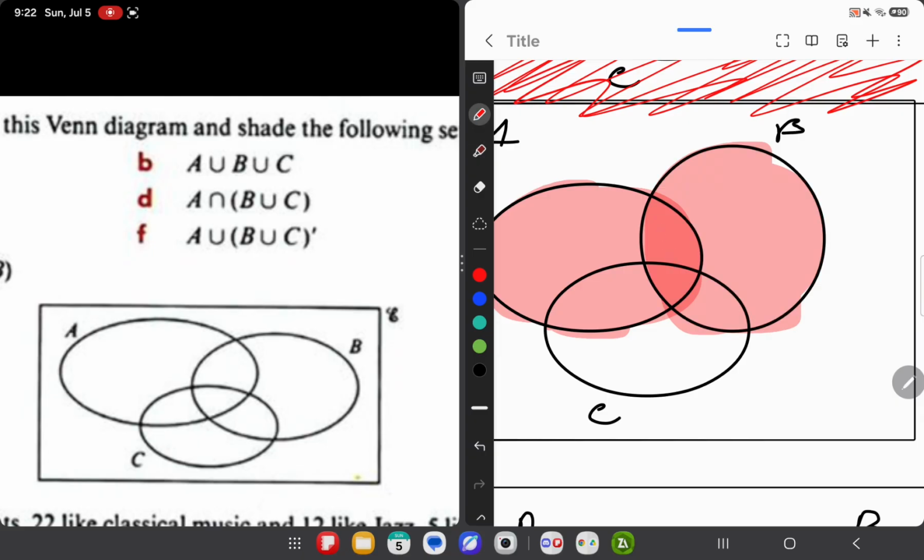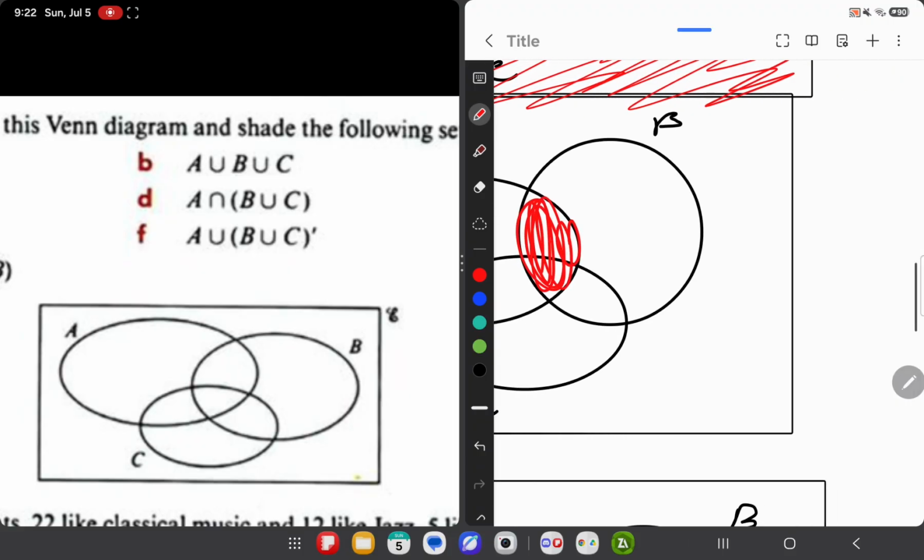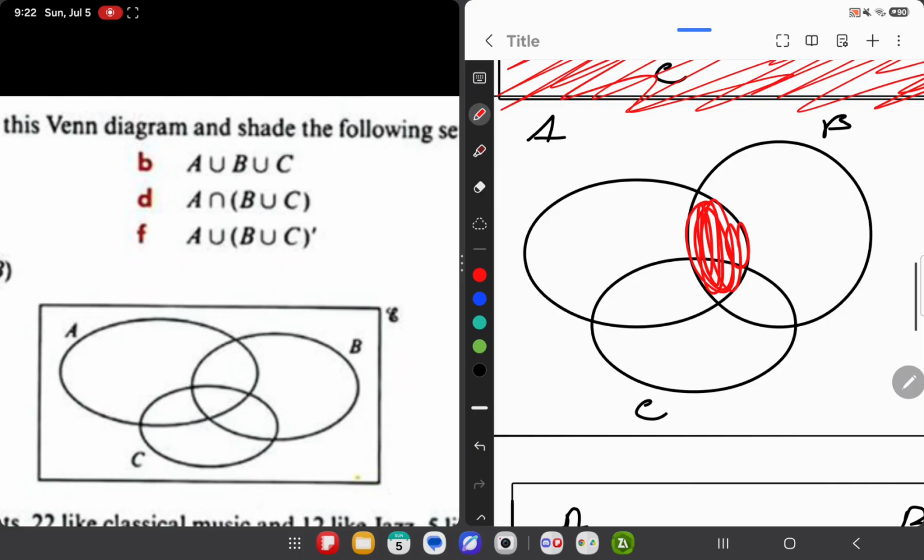This is your intersection. So if we shade in this, this is A intersection B, and that works for any case. Expression, intersection, expression. We shade the intersection of the two expressions.